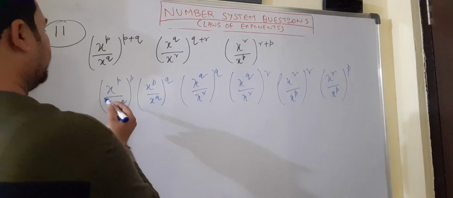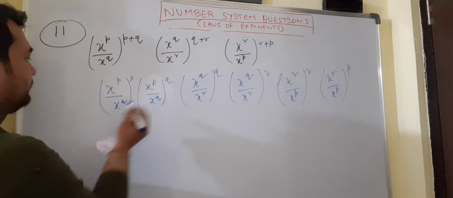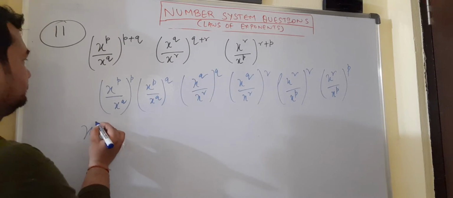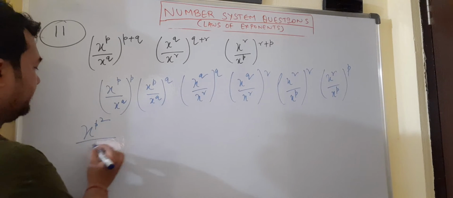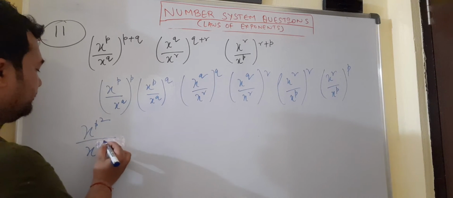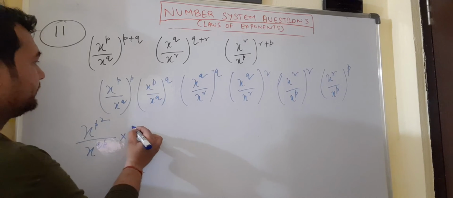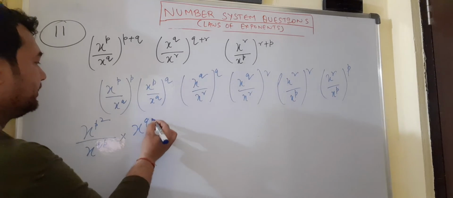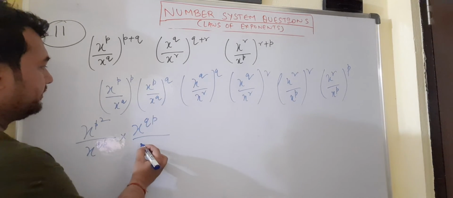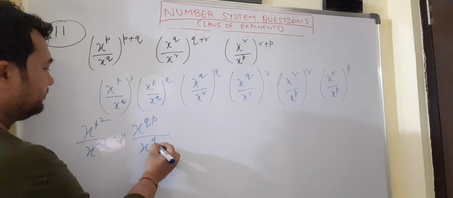So what you get? You get x to the power p square by x to the power qp multiplied by x to the power qp or pq, anything you write, x to the power q.